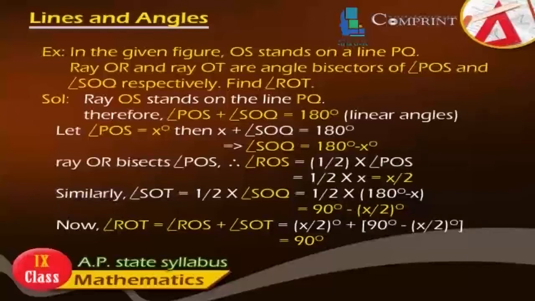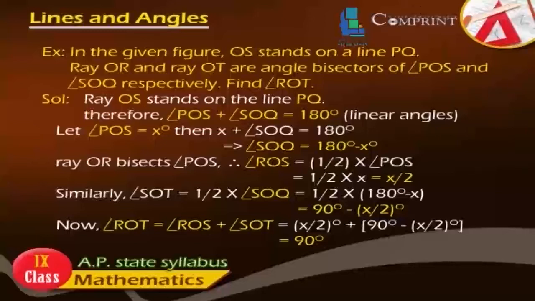Then x plus angle SOQ is equal to 180 degrees, implies angle SOQ is equal to 180 degrees minus x degrees. Ray OR bisects angle POS.